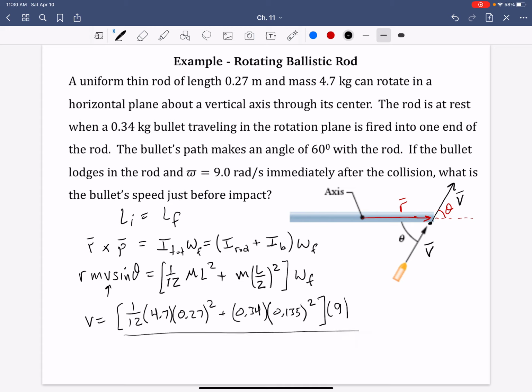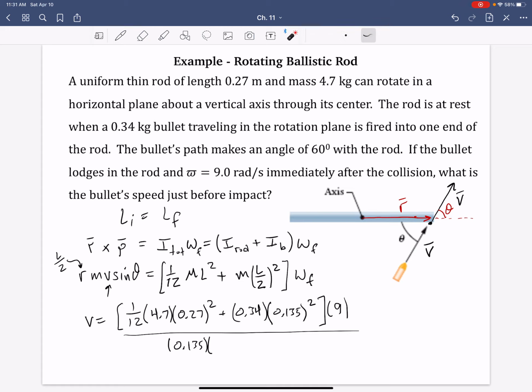And divided by R m sine theta. In this case, our value for the radius was L over 2, which is the same as 0.135, times the mass, lowercase m.